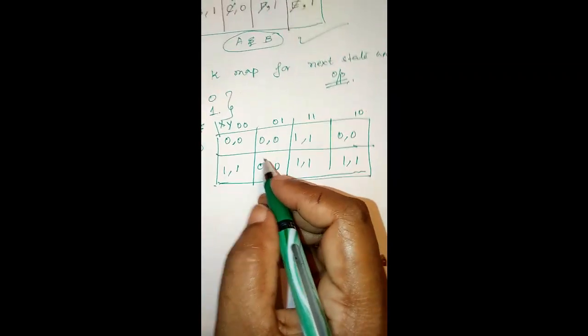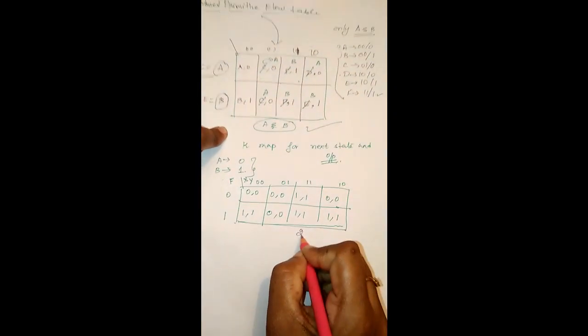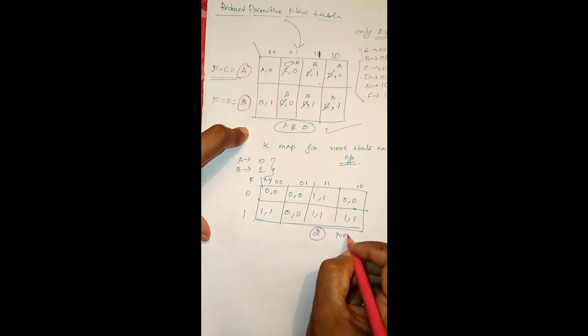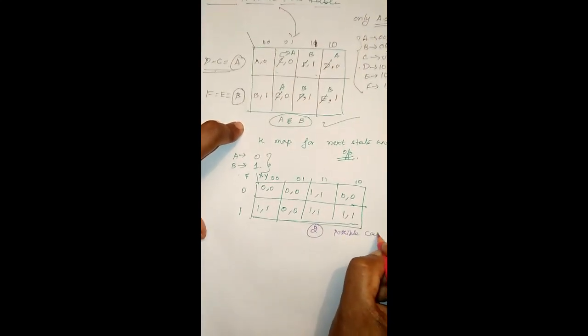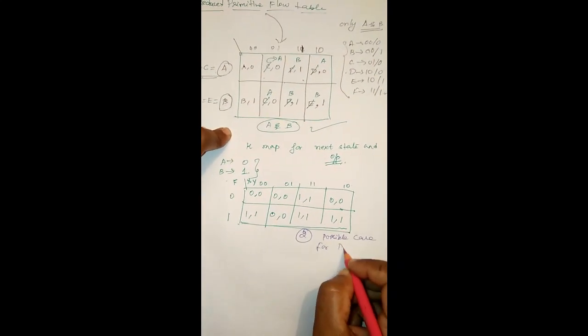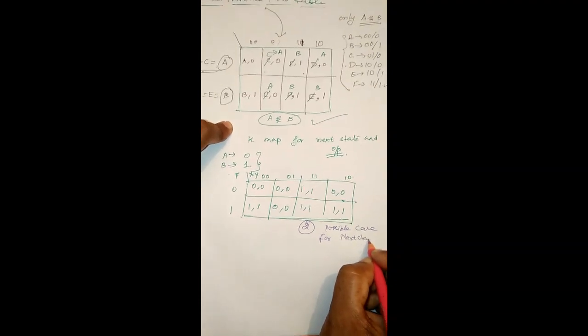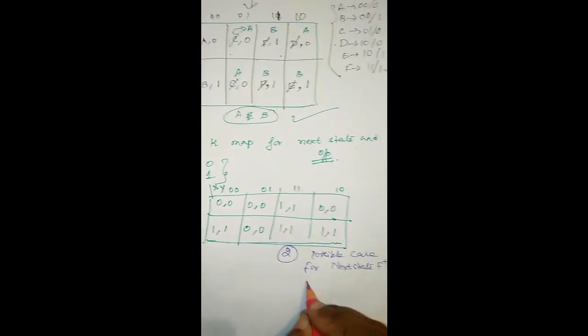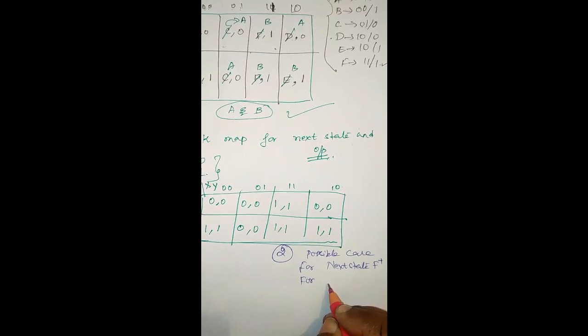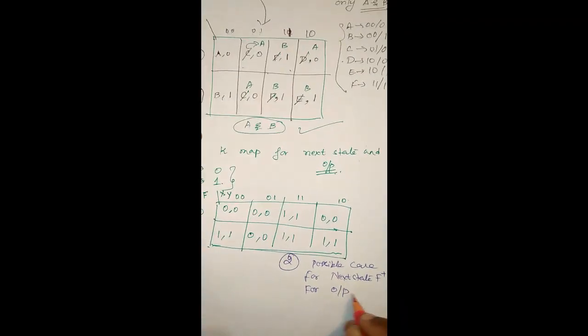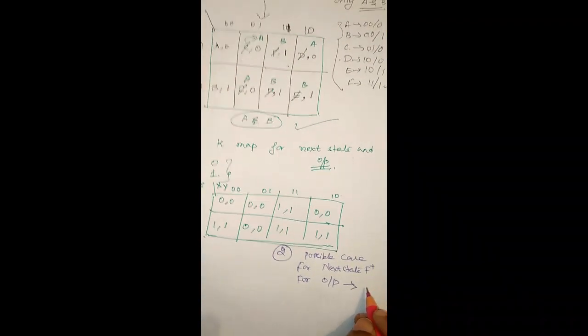Now we'll have to draw the K-map for two possible cases. One is for the next state, which I can represent as F plus, and the other is for the output. Let me represent the output as Z or something.